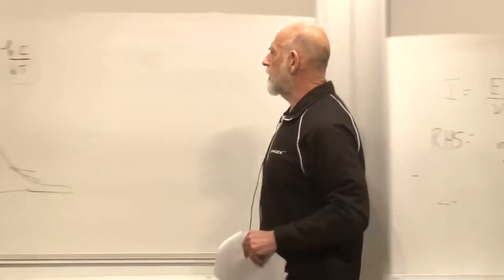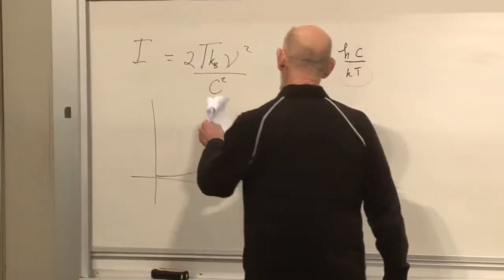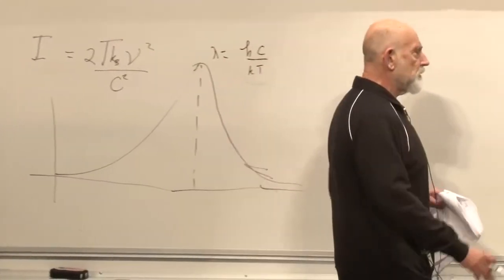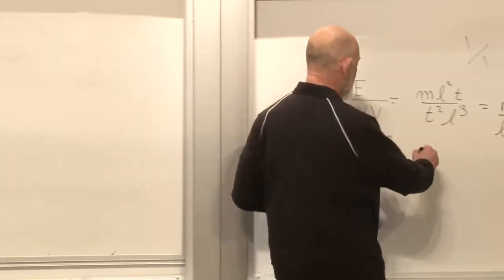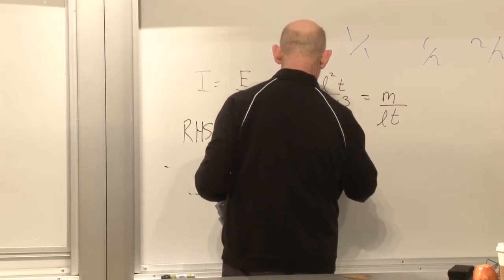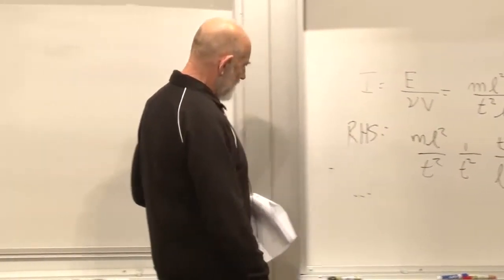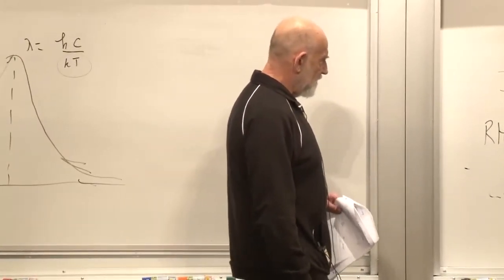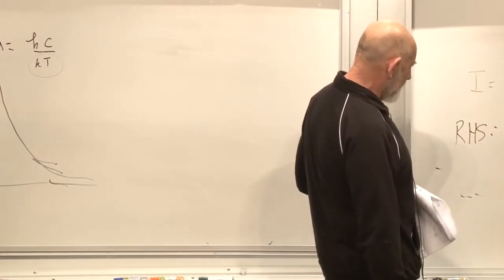This doesn't look like it's working out, does it? Divided by c squared. C squared is length squared over time squared, so that's time squared over length squared. This doesn't look good, does it?